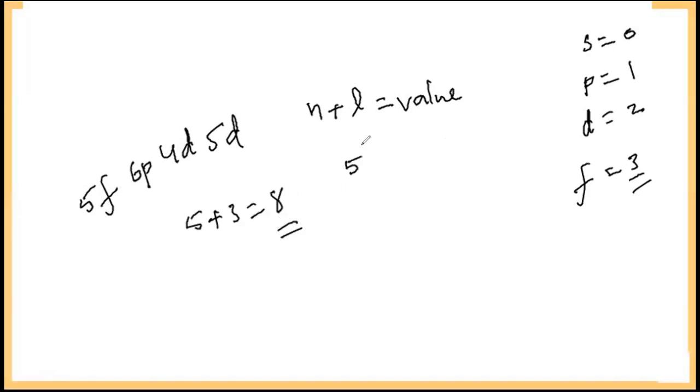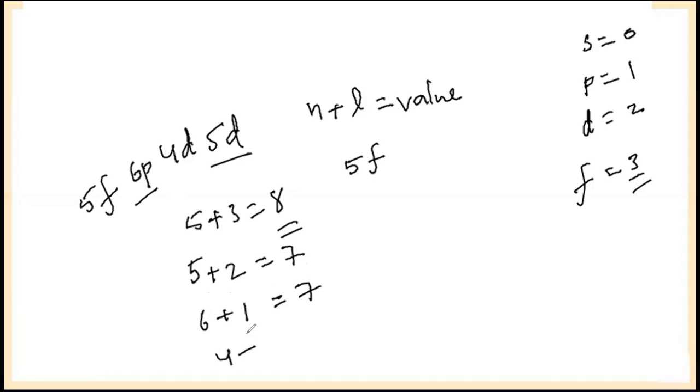Then decreasing order means first is this, followed by 5D and 6P. 5 plus 2 is equal to 7. Then 6 plus 1 is equal to 7. And 4D, 4 plus 2 is equal to 6. Now tell me, as per the options given here, which one do we go with?